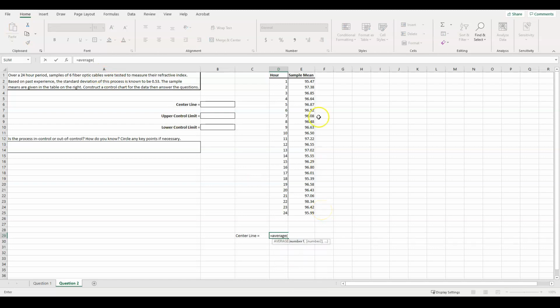So get the average of all these guys. This will be your center line. So you'll say 96.54. You can use that as your center line because we don't have enough information to do anything else, and you should be good to go. Use that to calculate your UCL, your LCL, and answer the rest of the questions.